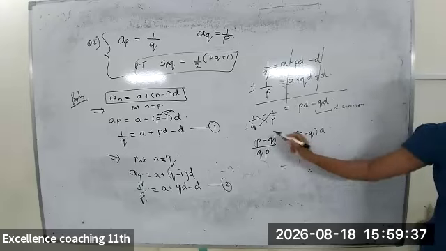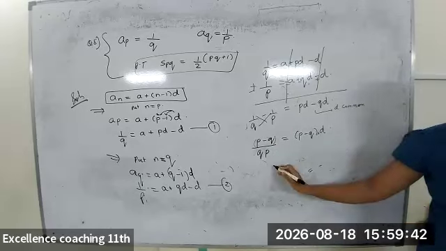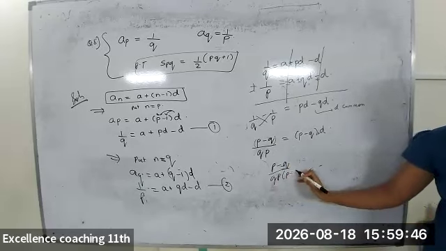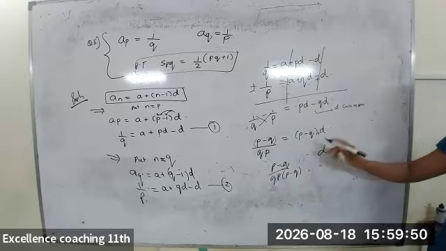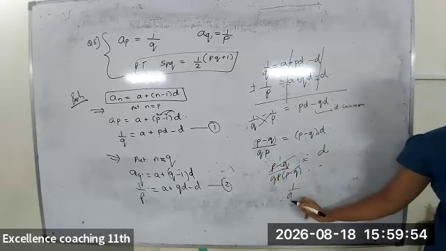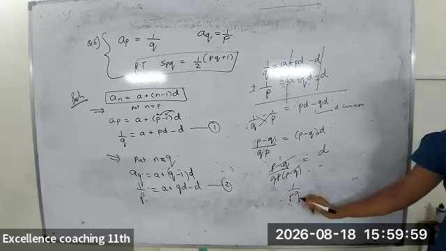So here, as a shortcut, directly also you can cancel from here only, or this q minus p will go down here. Since this is multiplied, 1 upon pq or qp will be our answer. This is the value of d.